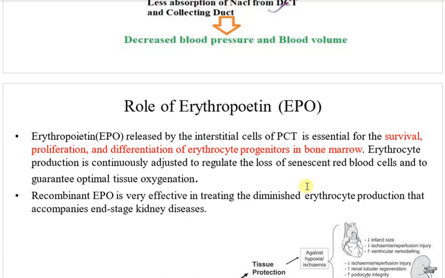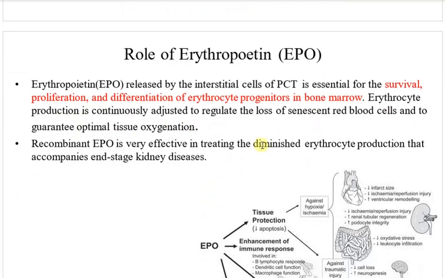Okay, the recombinant EPO is very effective in treating the diminished erythrocyte production that accompanies end stage kidney disease. So recombinant EPO means this erythropoietin is genetically made in other organisms, so it can be injected or administered inside a human body in a diseased condition. Okay, so it is very effective in treating the diminished erythrocyte production that accompanies end stage kidney diseases.